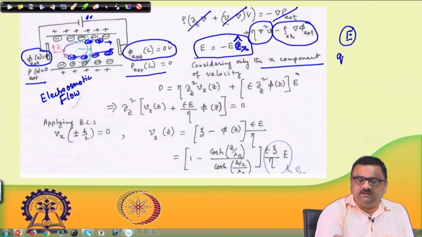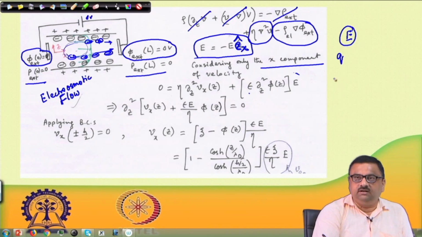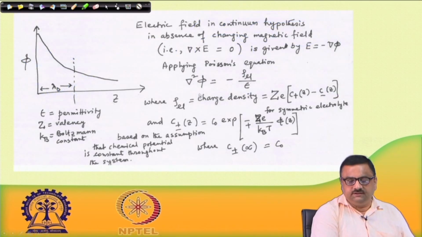Now for this term, one uses Poisson's equation once again. You remember the Poisson's equation? What did we do at that time? This was the Poisson's equation: grad square phi is equal to minus rho El by epsilon.